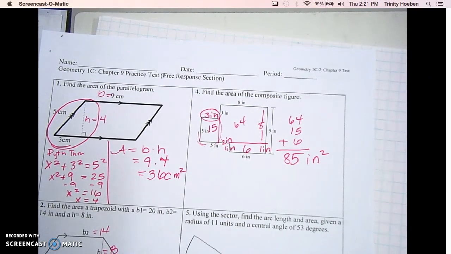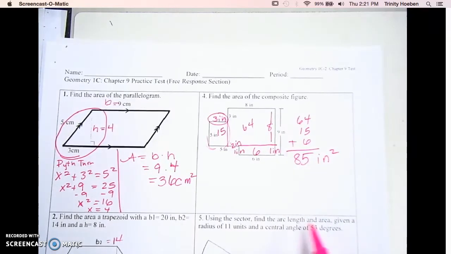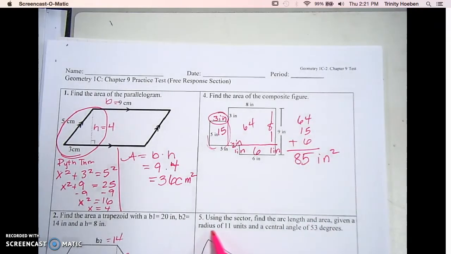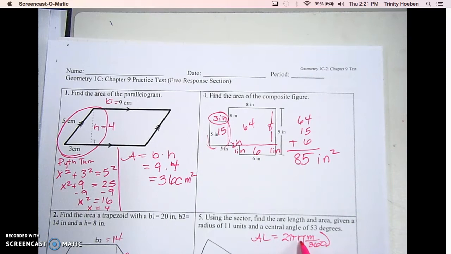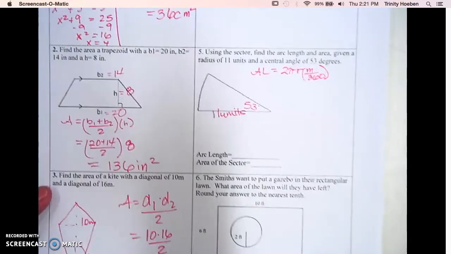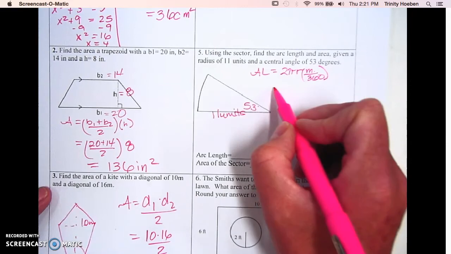Number 5 says using the sector, find the arc length and area given a radius of 11 and a central angle of 53 degrees. So the arc length formula is going to be 2 pi r times the measure of the angle over 360. So I'm going to substitute in the radius here, and I'm going to substitute in the angle measure there.